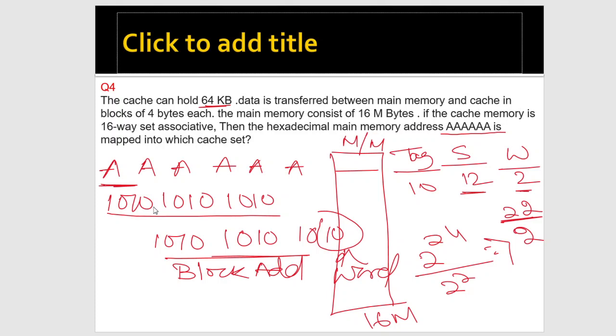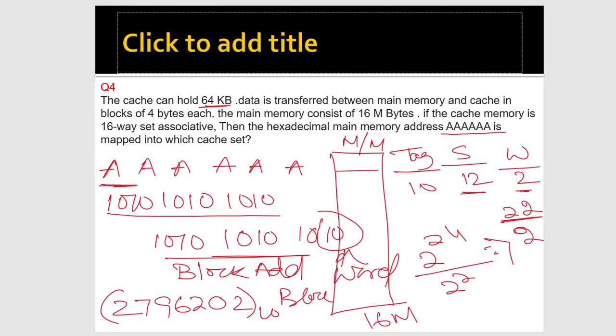So the binary-to-decimal equivalent number I am getting here is 279 6202. This is my block address in the main memory block address.